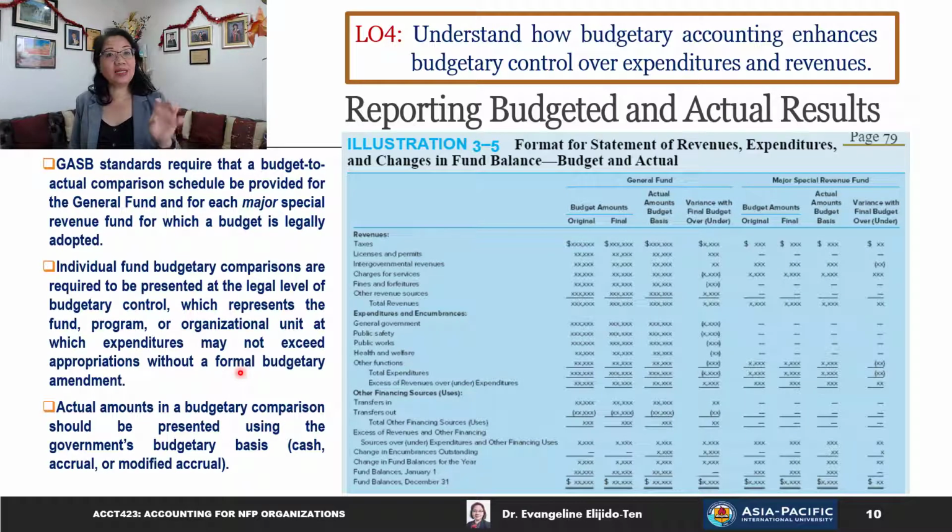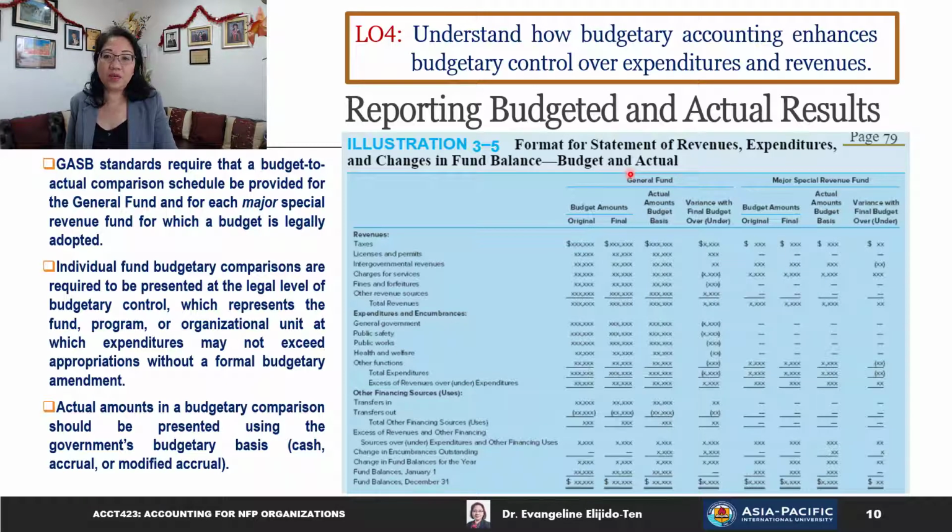You would recall that GASB does not want any specific funds to have a negative balance, right? Actual amounts in budgetary comparison should be presented using the government's budgetary basis, and this is based on either cash, accrual, or modified accrual accounting basis.